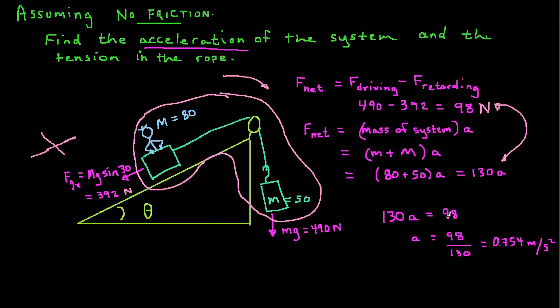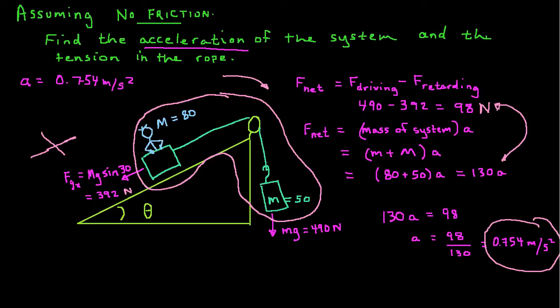So 130a equals 98, a equals 98 over 130, or if you pull out a calculator, this is what you get right here. Okay, so I'm going to write this number up here, a equals 0.754 meters per second squared, because we're going to use it for the second part of the question.